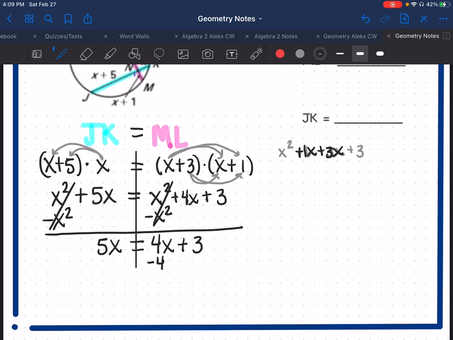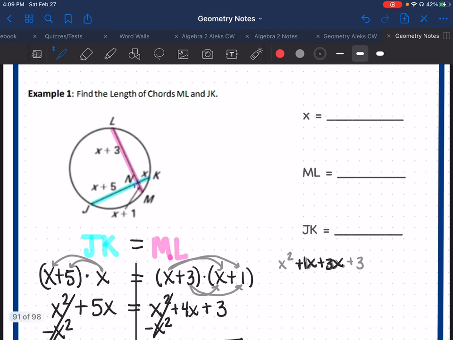So I would move the 4x over with the 8x, which would give me 1x, or just x, and I already know that x is equal to 3. So let's put that on the answer blank. Then all we have to do is substitute it back in.